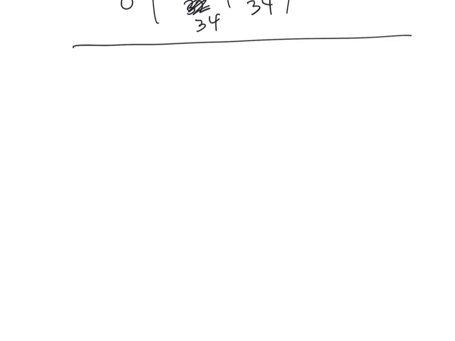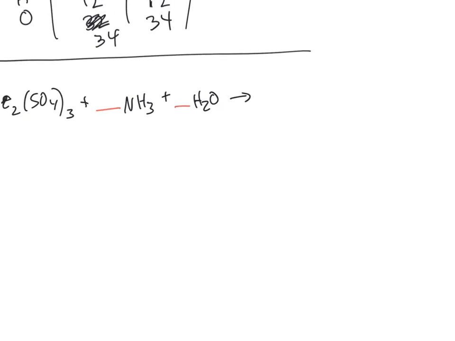So we've got Fe2(SO4)3 plus ammonia NH3 plus water forms this one, which is iron(III) hydroxide, or ferric hydroxide.